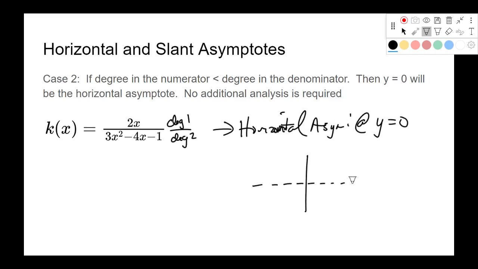So literally, there'll be a horizontal asymptote running across the x-axis. There's no work to do for this. You just look at the degrees. If the degree on the bottom is bigger than it is on the top, it's done. And there's a horizontal asymptote there at y equals 0. Okay, that's case 2. That's the second thing that can happen between horizontal and slant asymptotes.